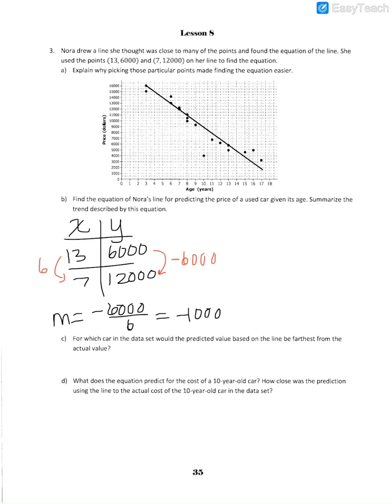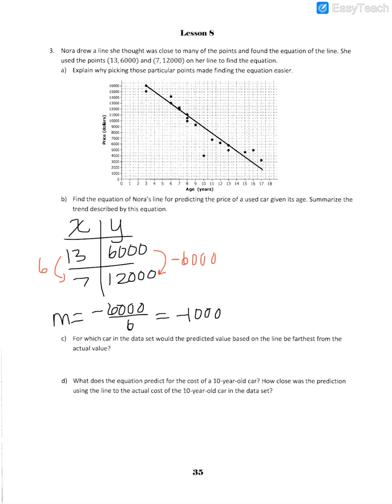So the reason why those are great points is because they're nice round points and they give you a nice round slope. So here's the point. When you are picking your 2 points, spend a little bit extra time picking points that are going to make your life easier. And then the rest of the problem goes much quicker and much easier for you. All right, we found our m.